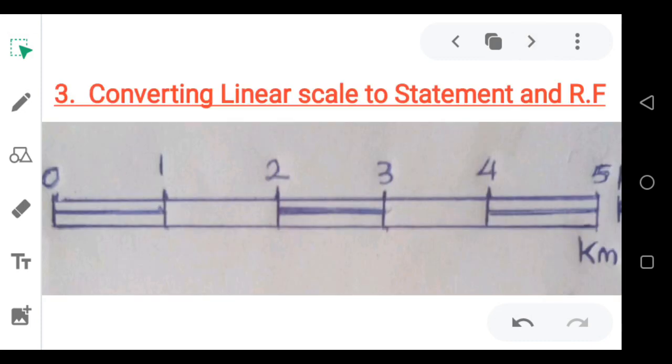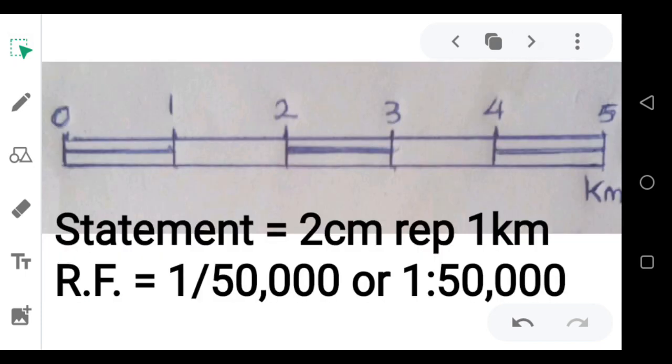Now, let's look at the third one. Converting linear scale to statement and representative fraction. How do you convert a linear scale to a statement of scale and a representative fraction? Now, look at the linear scale below. If you are to convert it to statement, it is very simple.